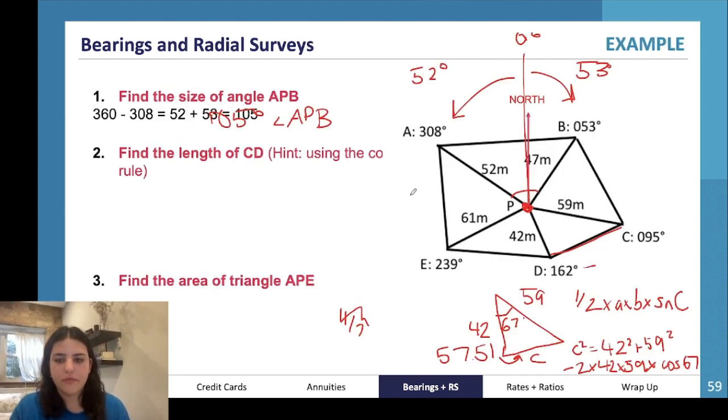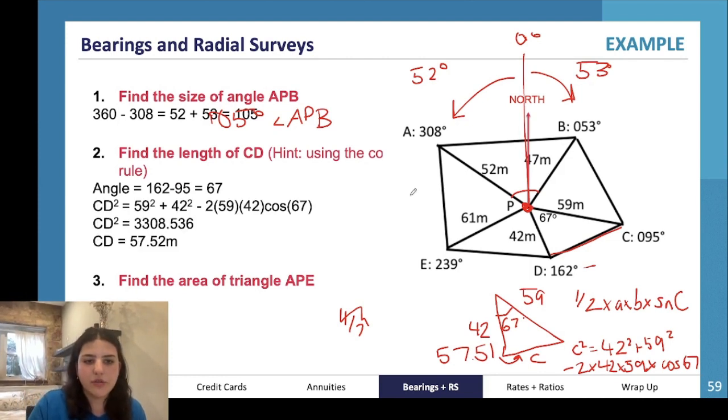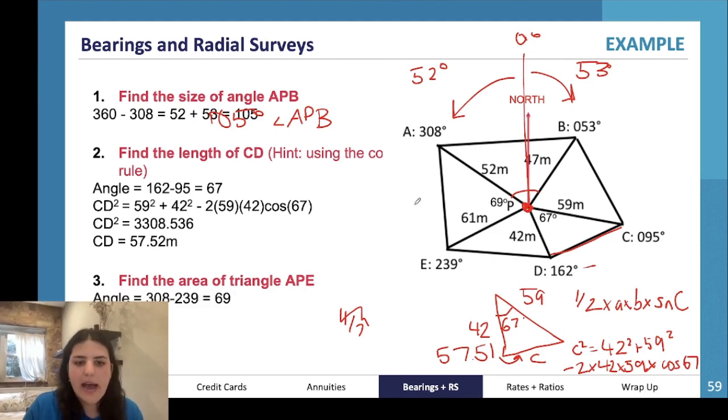Okay, there we go. The area of triangle, so we've got that, square root, 57.51, rounds to 52. And then the area of triangle APE, we have to do half times A times B times sine C. So half times A, which is 61, times B, which is 52, times sine 69.